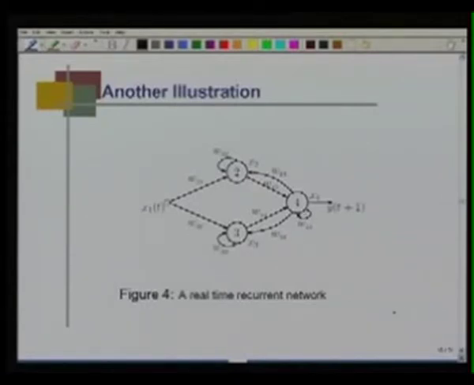So, these are the conventions. You please see that W43 is a connection weight to neuron 4 from neuron 3.